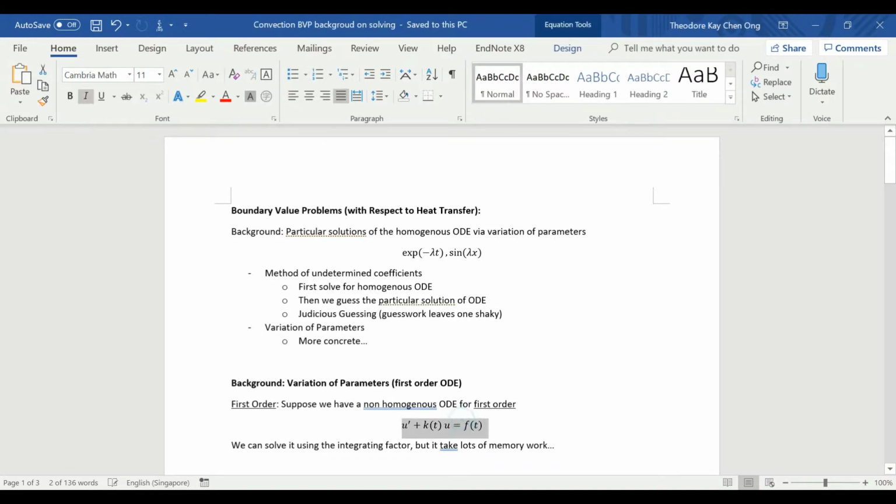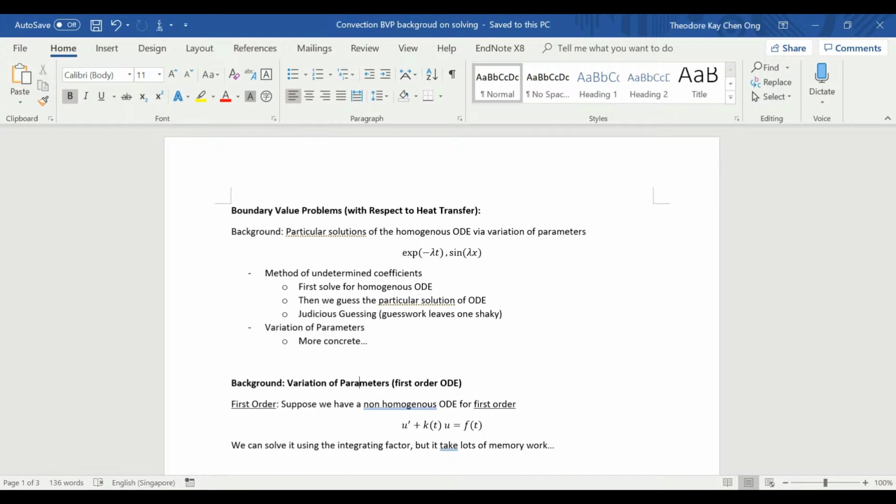So if your ODE is something like this, we know that for any ODE, we usually have a particular and homogeneous solution, and we use the method of undetermined coefficients, which is a guessing of what the particular solution looks like. There's an educated guesswork behind that.